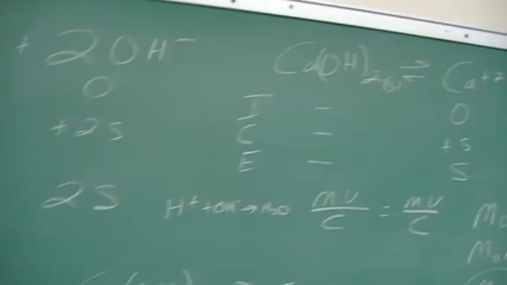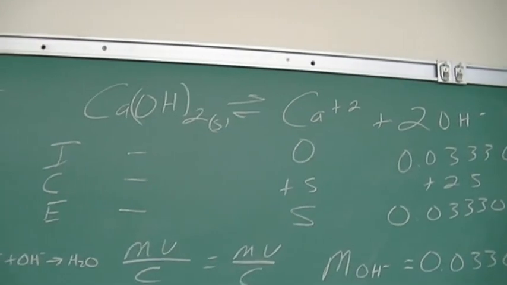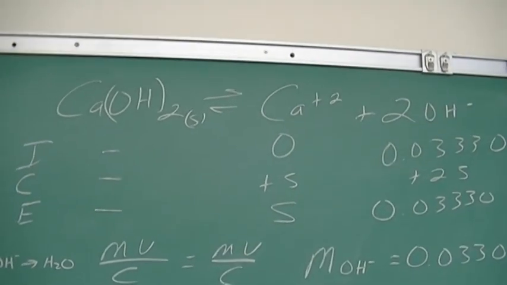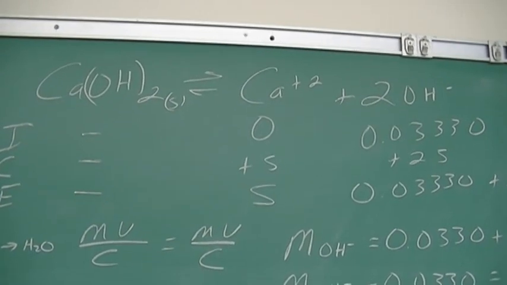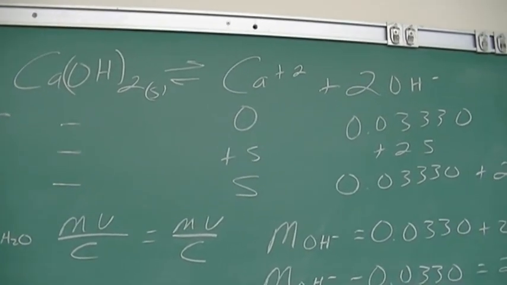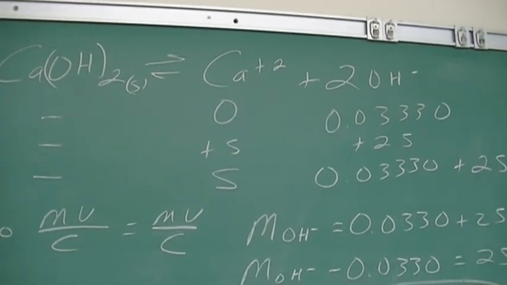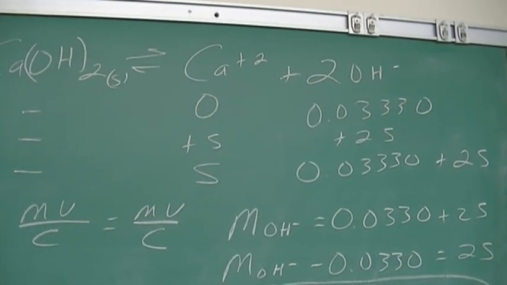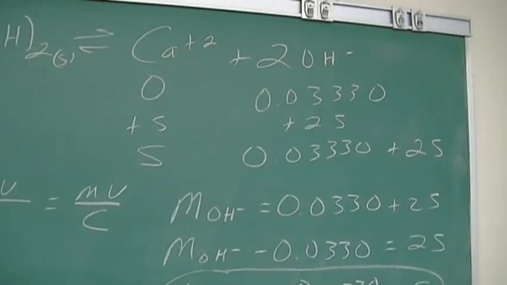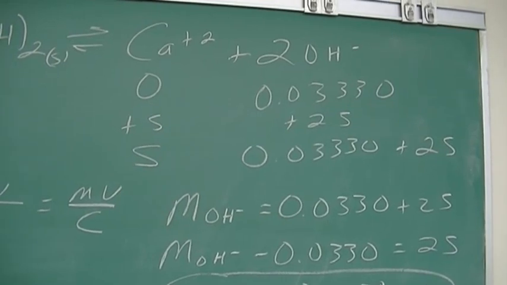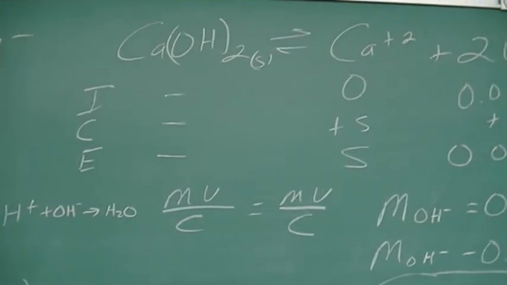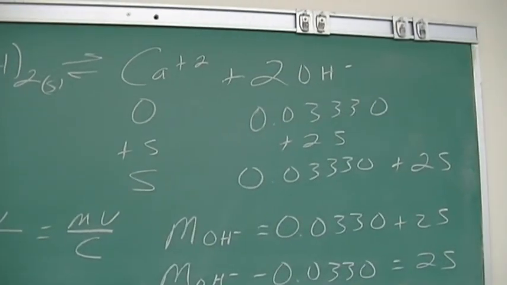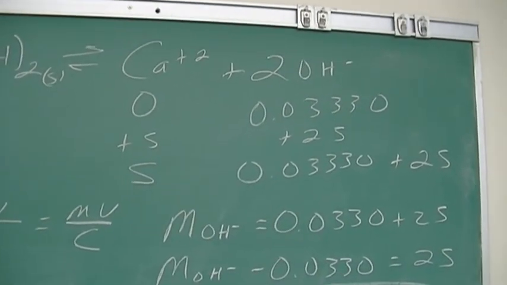So in solution 2, we did exactly the same thing, except in solution 2, we added 0.03330 molar NaOH. So instead of water, we are in 0.03330 molar OH minus. Again, we're doing ICE, but our calcium plus 2 is 0. We didn't add any calcium.